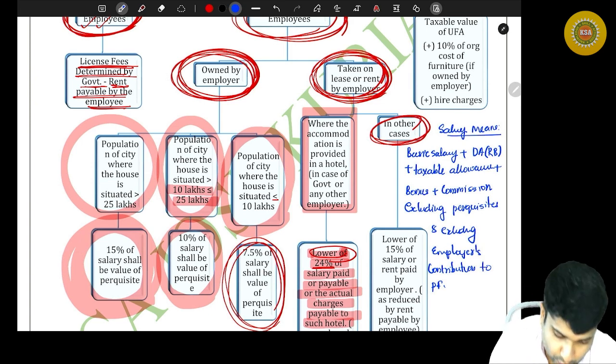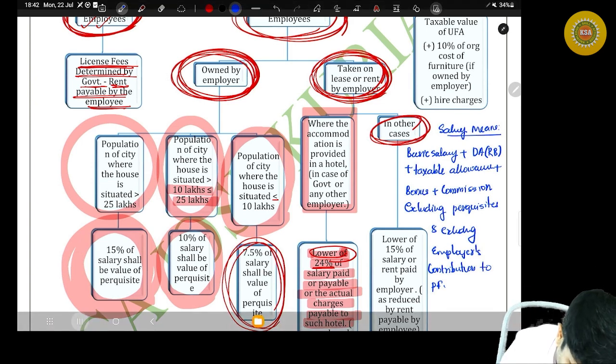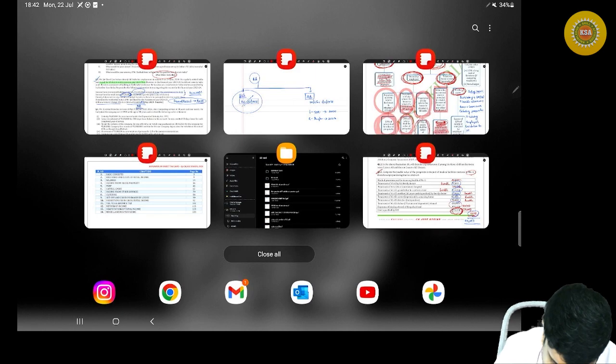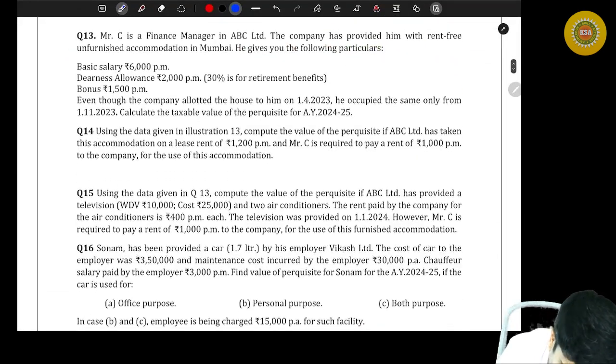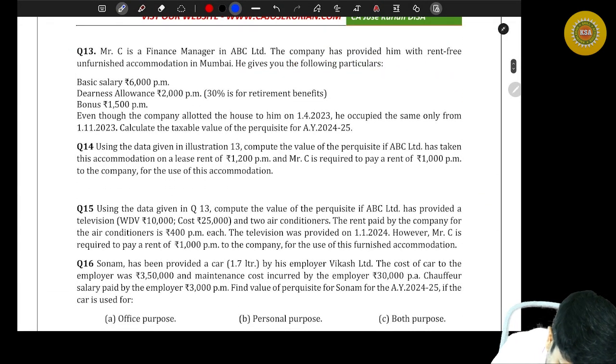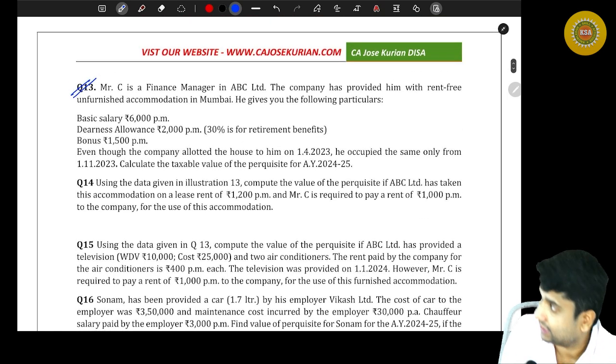We will solve a small question which is not there in your sheet, because in the sheet I have only put some lengthy questions. November, solve question 13. Read this question.